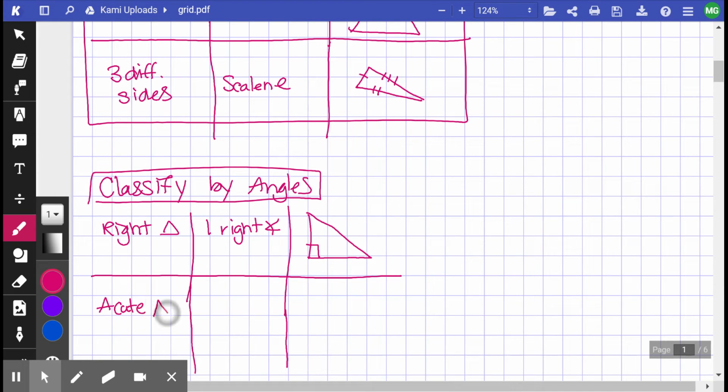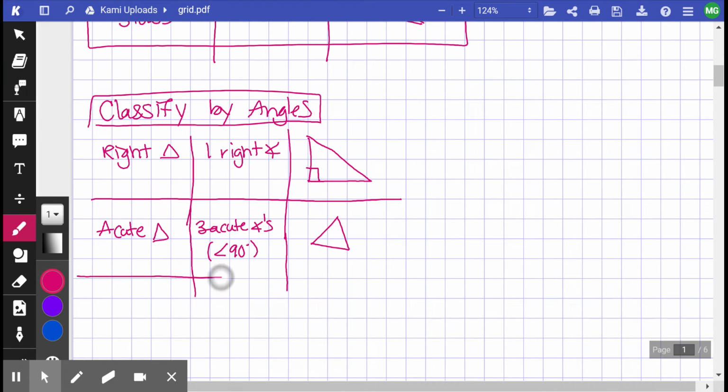If you have an acute triangle, that means you have three acute angles. And remember, an acute angle means it has to be less than 90 degrees. So that would be an acute triangle. If you have an obtuse triangle, that means you would have one obtuse angle, which means you have one angle that's greater than 90 degrees.